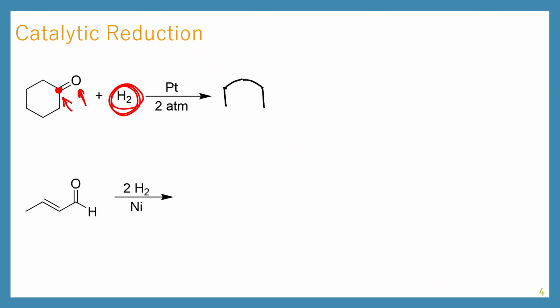So our carbon framework stays the same. Here is what was our carbonyl carbon. Now it's going to be a single bond to oxygen. We're going to have a hydrogen here from the hydrogen gas. We also have a hydrogen here from the hydrogen gas. Now, if I were to draw this more cleanly without all the extra stuff, I would see that all I'm drawing is cyclohexanol.